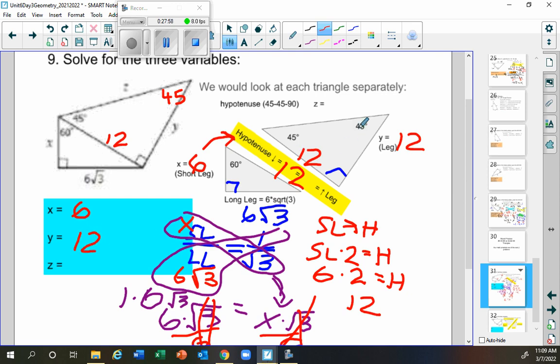And then last but not least, if we want to go from leg to hypotenuse, so the 45, 45, 90, you're going to go from leg to hypotenuse. Here's the quickest way. Multiply by square root of 2. So if we have a whole number multiplied by square root, does anything really happen?